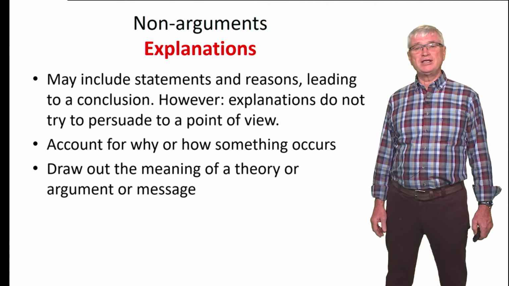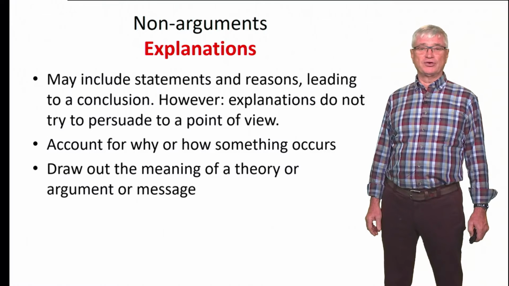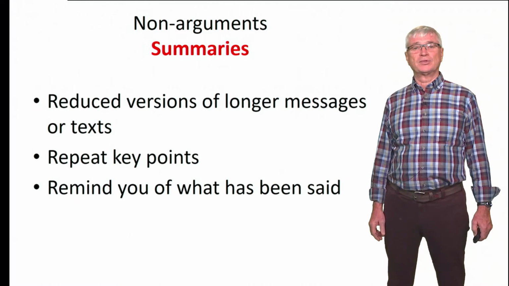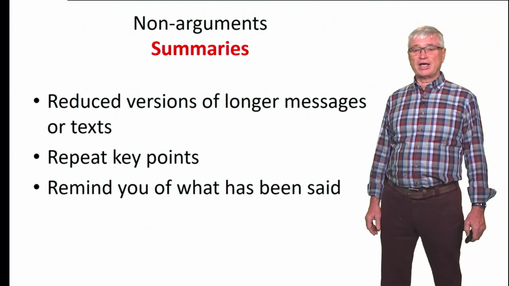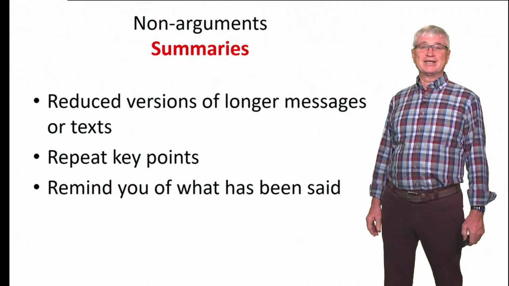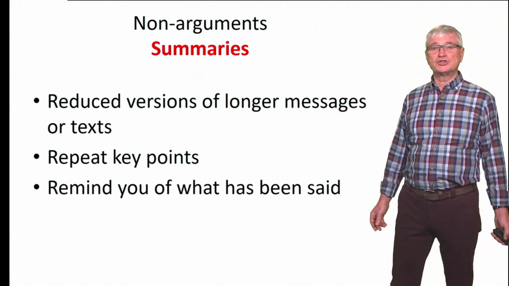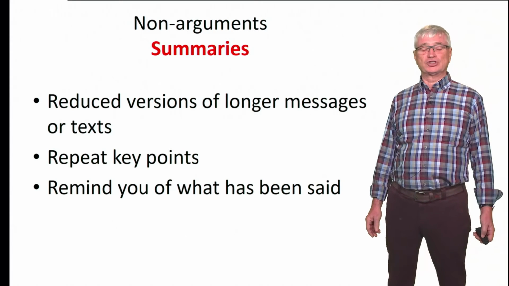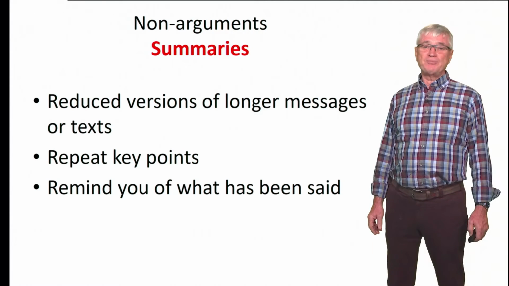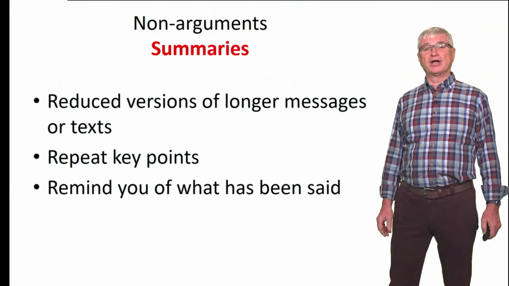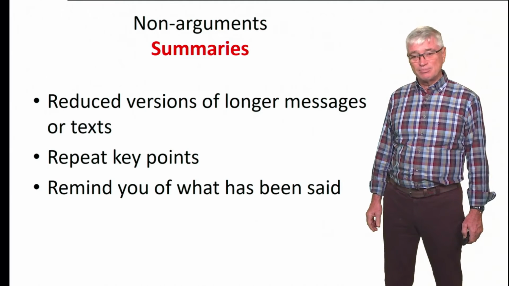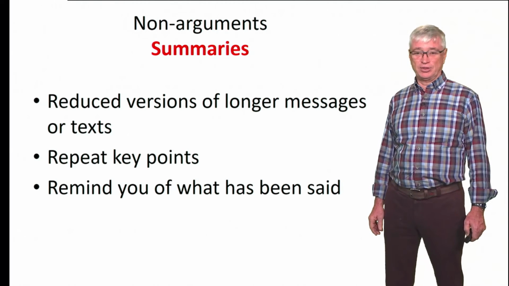It draws out the meaning of a theory or argument or message. A third category of non-arguments is summaries. It's a reduced version of a long message or a text. It repeats the key points and reminds you of what has been said, but it is not an argument.